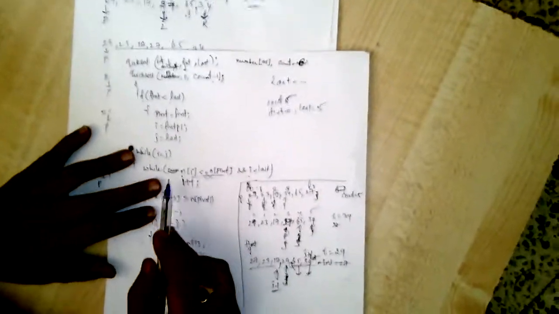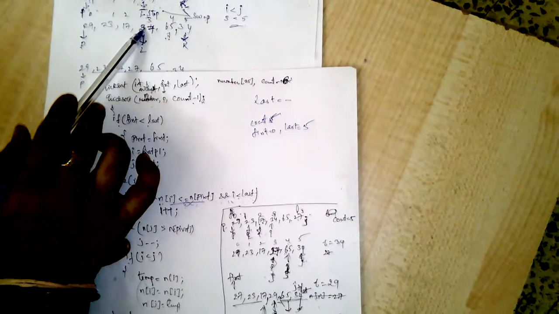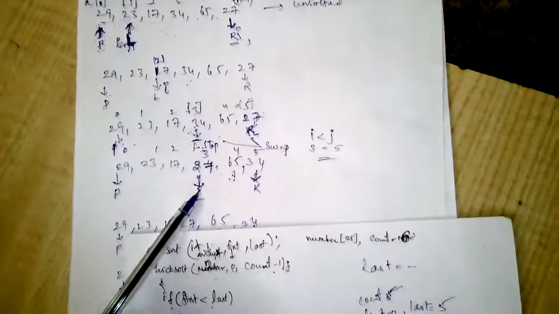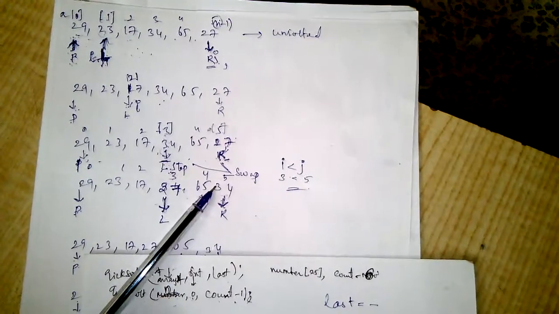Again, while n of i is less than n of pivot, n of 3 is 27, the condition is true, and i is less than last, 3 is less than 5, also true.